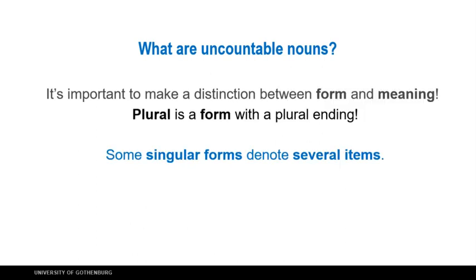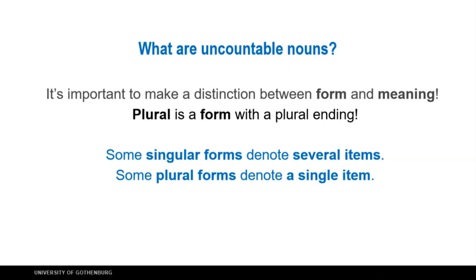And some singular forms then denote several items, objects, persons. So we may have a singular form that denotes many items. And we have also some plural forms that denote a single item or a single object.